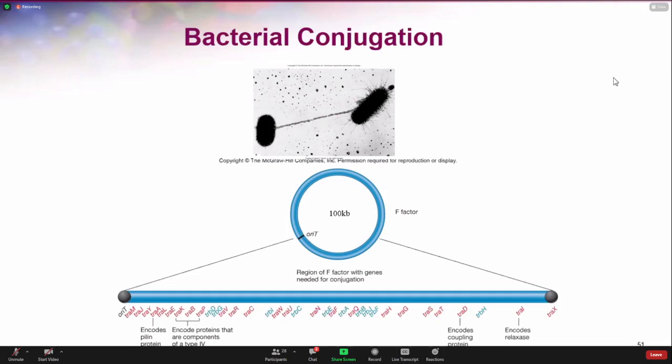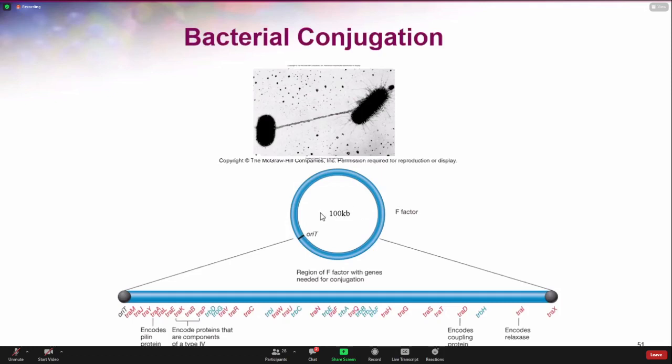And we know the process of conjugation where the competent sort of bacterial cells, those that are able to undergo conjugation, are physically linked together via this tunnel of pilin protein that helps to transfer DNA. And so this ability to conjugate is based off of this plasmid referred to as an F factor.